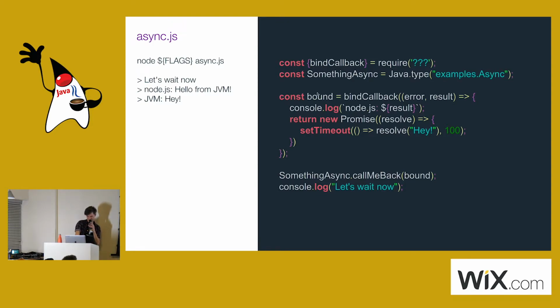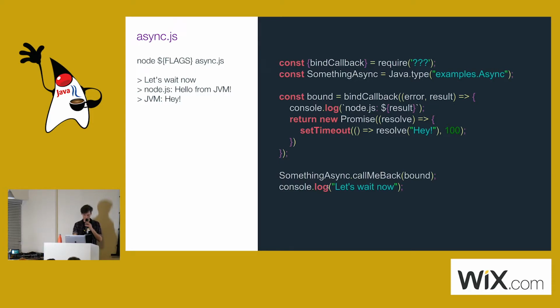So yeah, if we use this function here, what we would expect to see is, let's wait now, because everything happened, but this will happen asynchronously later. Then something async, which is just a Java class that calls the function that you give it sometime later, and it will send the value hello from JVM.